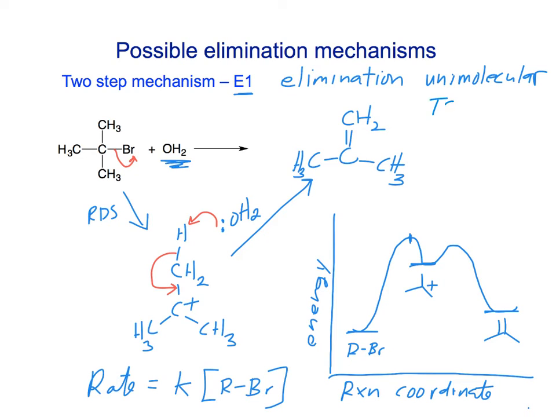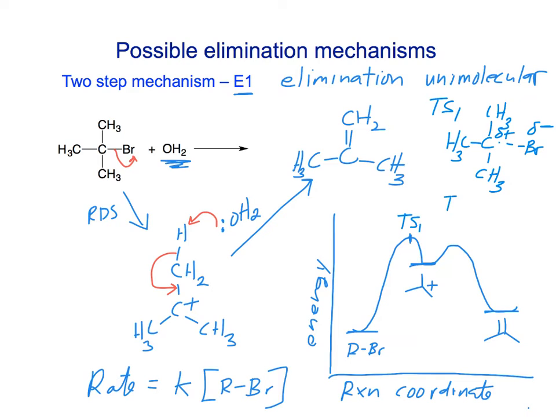Transition state 1, which would be this one here, would look something like this. All we would be doing in this case is breaking the bond between the carbon and the bromine. So this bond is breaking, generating a minus charge on the bromine and a plus charge on the carbon.